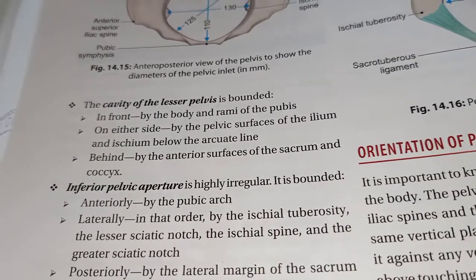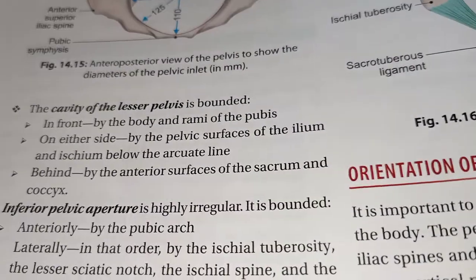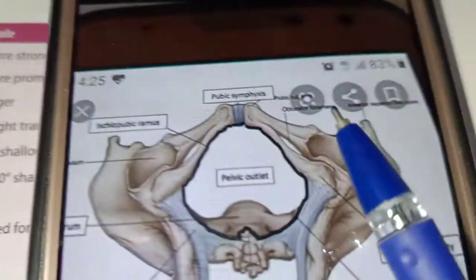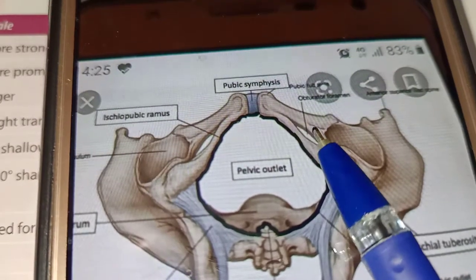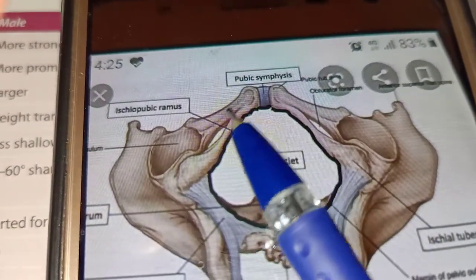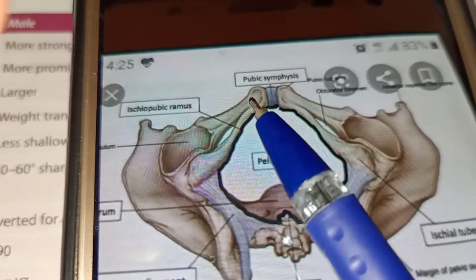If you see this diagram, this is the body and the pubic rami. This is in front.